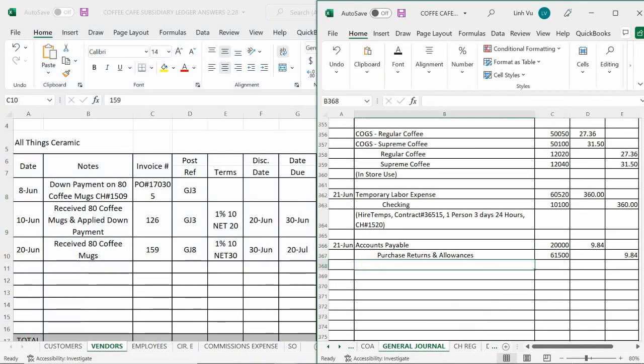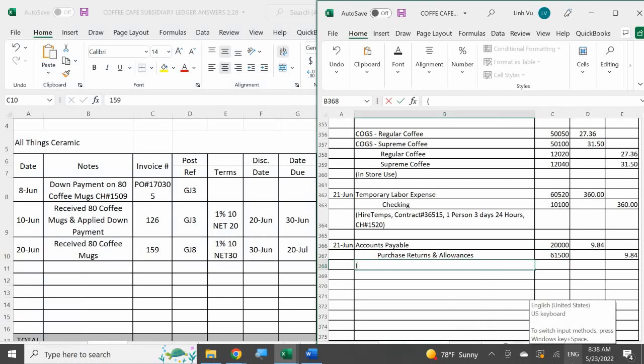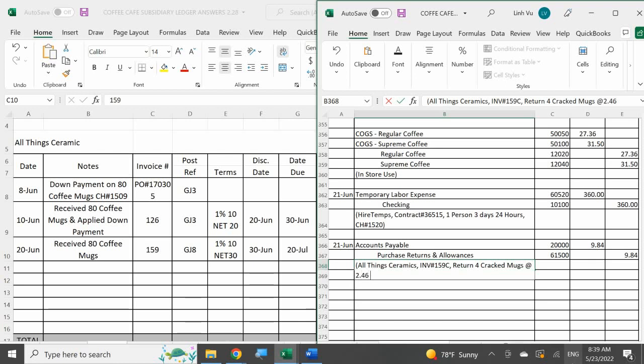All things ceramics is my vendor, invoice number 159, and we're going to receive a credit from them, so we're going to put a letter C. Return for cracked mugs at $2.46 each. Full refund.